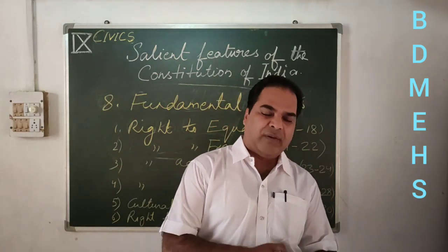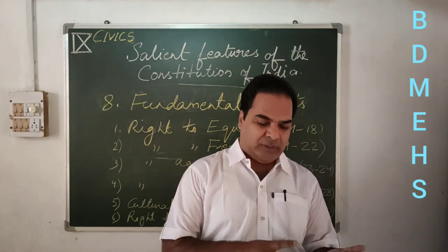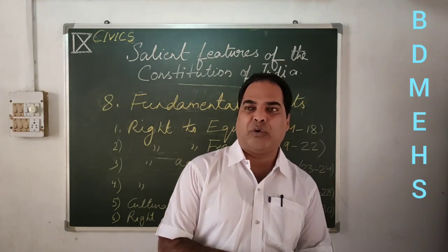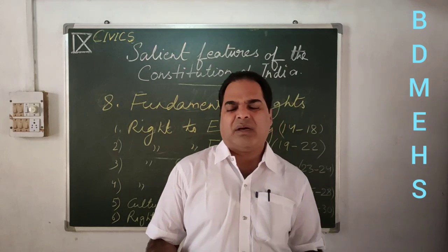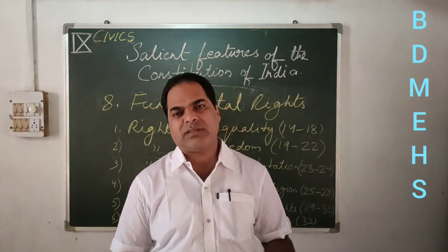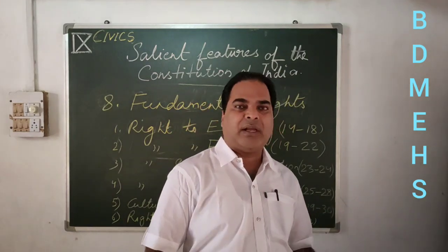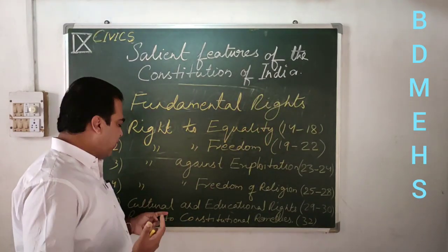Culture means the way of life, our food, song, the language which we speak, the religion which we follow, and different dresses which we wear. That is a part of our life. That is a culture which we have to preserve for our coming generation. So we have the right to preserve our culture.